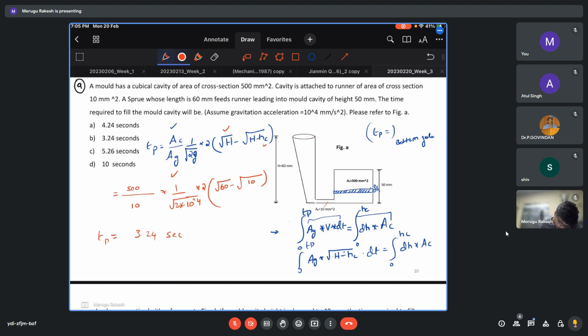So can anyone confirm? So any doubt in the derivation or anything?